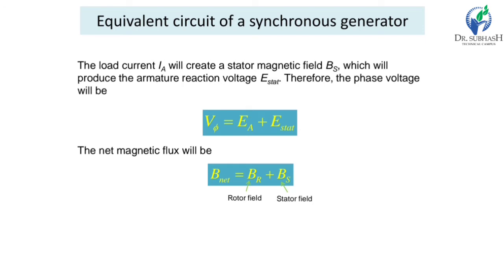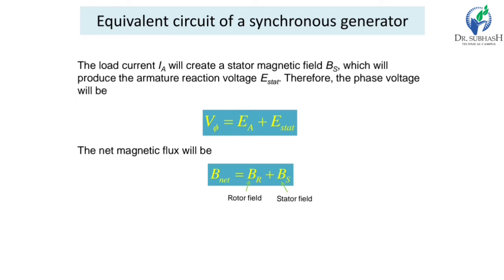The angle of the resulting magnetic field B net coincides with that of the net voltage V phi. The angle of the voltage E start is 90 degrees behind that of the maximum current IA. Also, the voltage E start is directly proportional to IA.